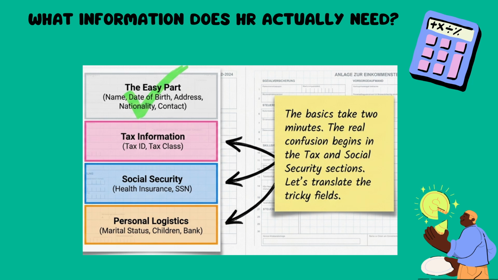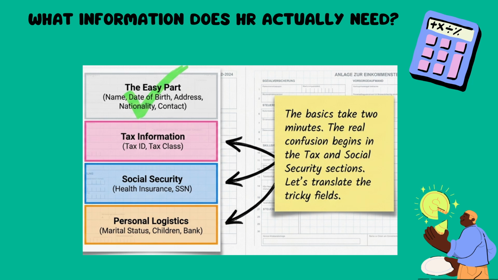Personal information such as your name, address, and date of birth; tax information, including your tax ID and tax class; social security information such as your health insurance provider and social security number; family information including your marital status and children; and finally, your bank account details so payroll knows where to send your salary. Some of these fields are easy, others cause confusion, and this is why we are going to look at them today.